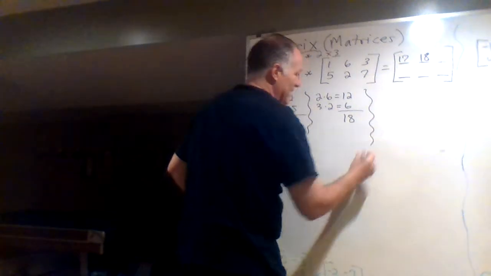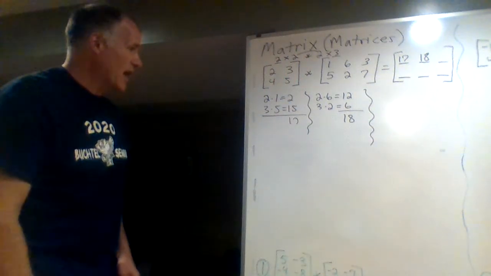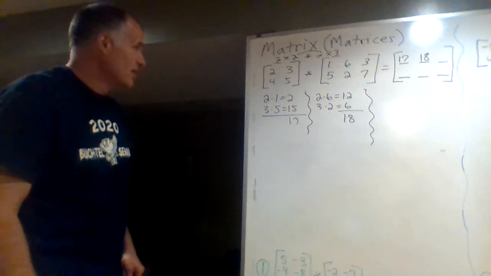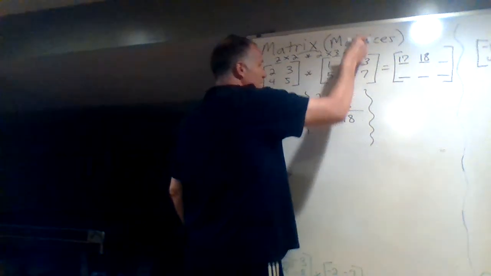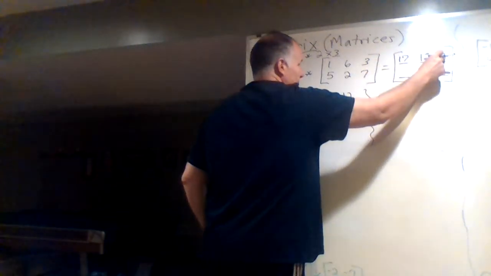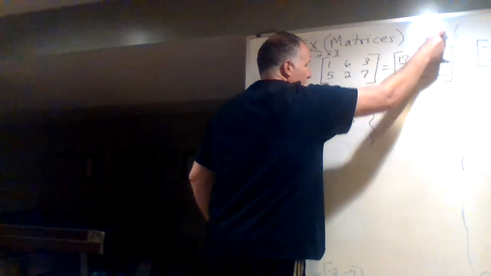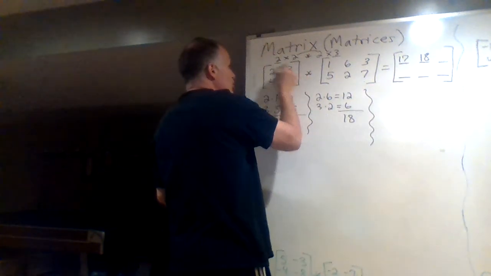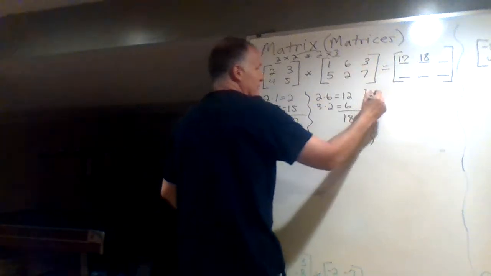Now we have another column. There's 3 columns this time. So again, row 1 down column 3. That's going to give us this answer right here. Row 1, column 3. So 2, 3 down 3, 7.